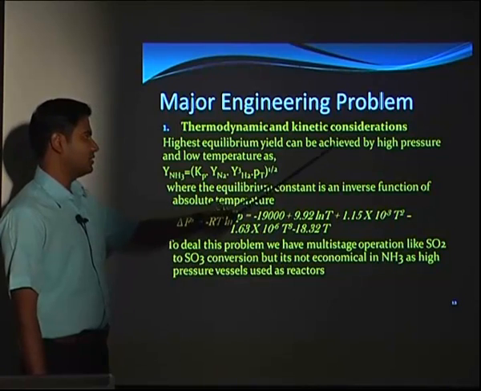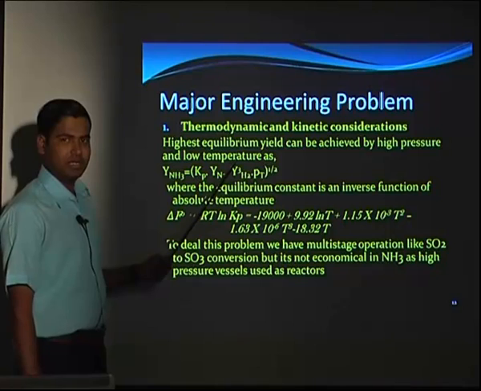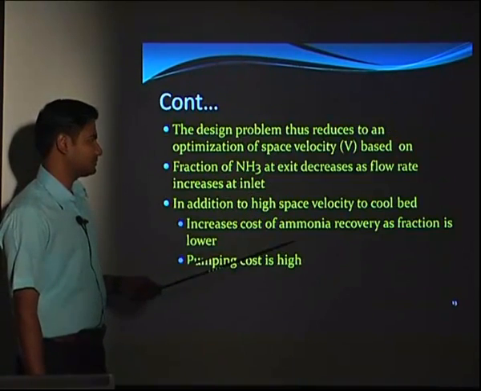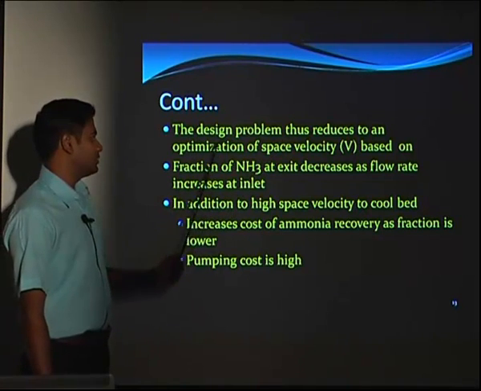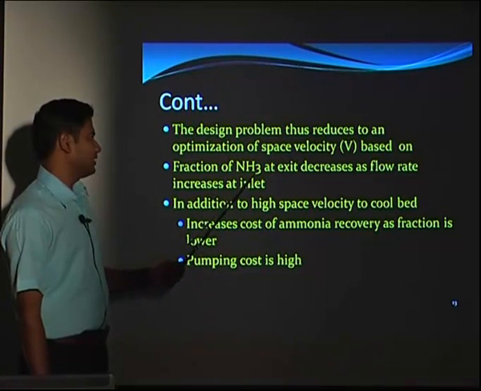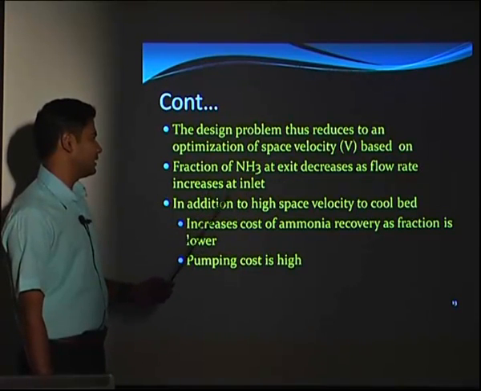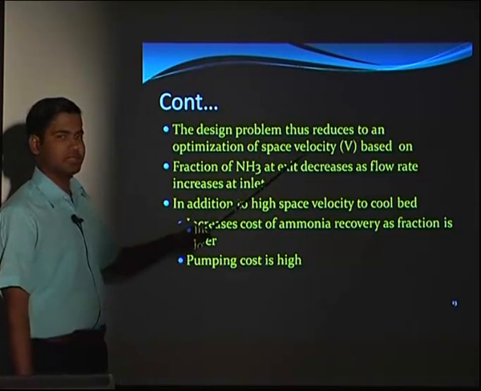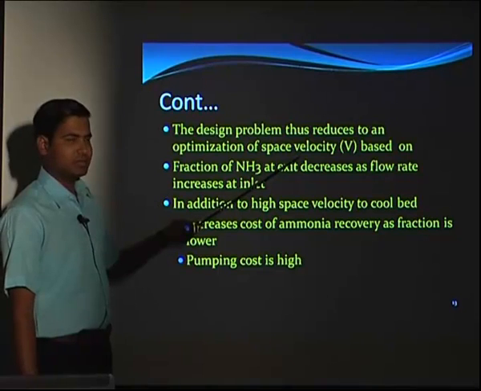So we have to rely on high pressure, and we have to see which condition we can maintain so that the reactor achieves low temperature and high conversion. So the design problem reduces to an optimization of the space velocity, since the fraction of ammonia at exit decreases as the flow rate at inlet increases. Here, the space velocity means the flow at which the reactants are fed to the reactor.